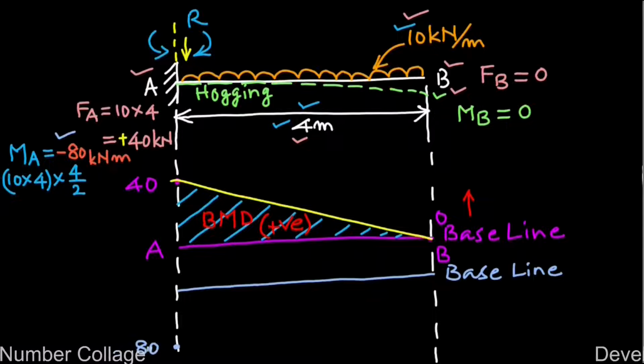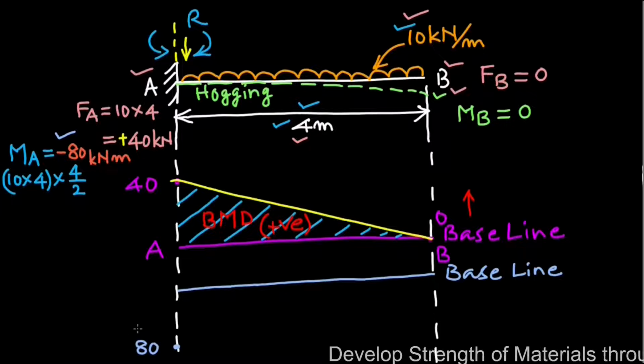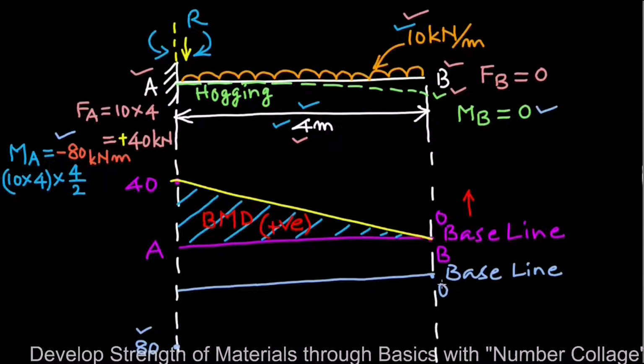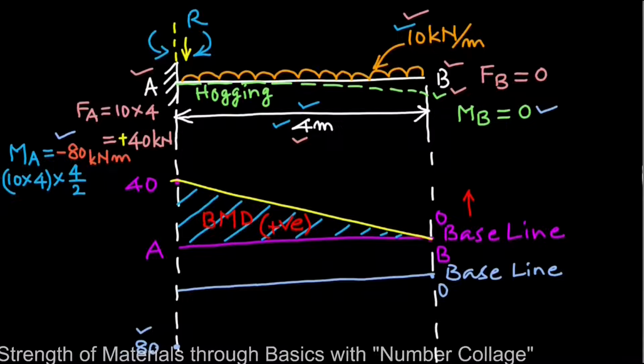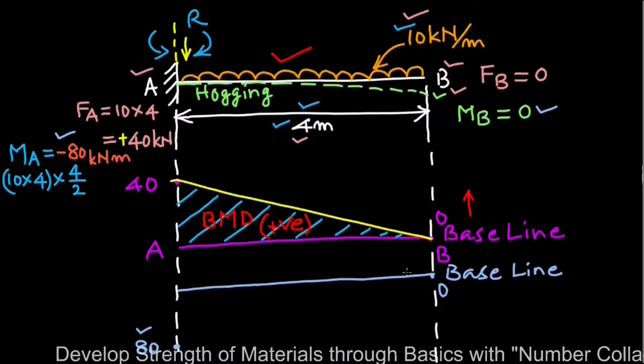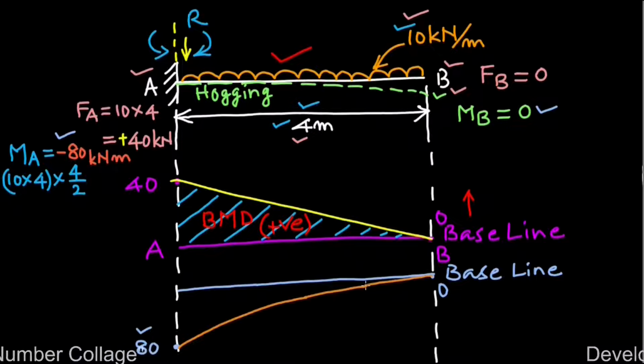Now this bending moment is gradually going to reduce from maximum value of 80 to the minimum value of 0 bending moment at B. And since there is UDL loading on the cantilever, the bending moment curve will be a parabola like this.